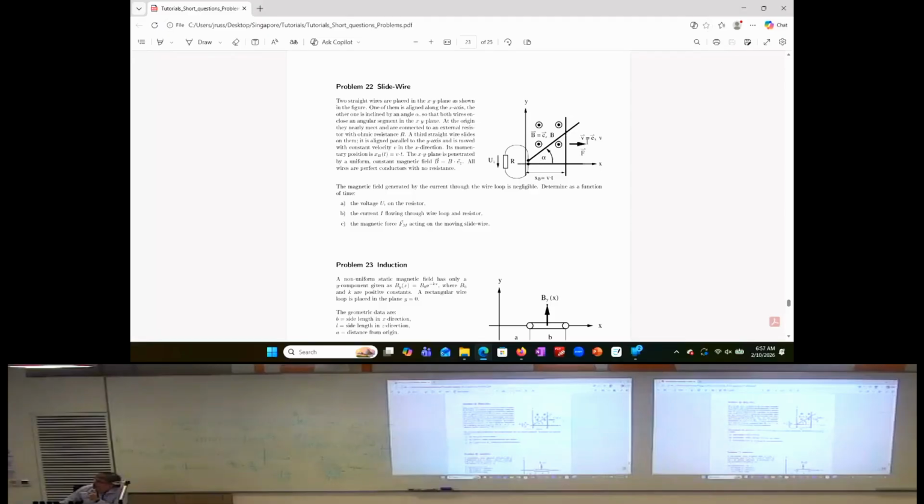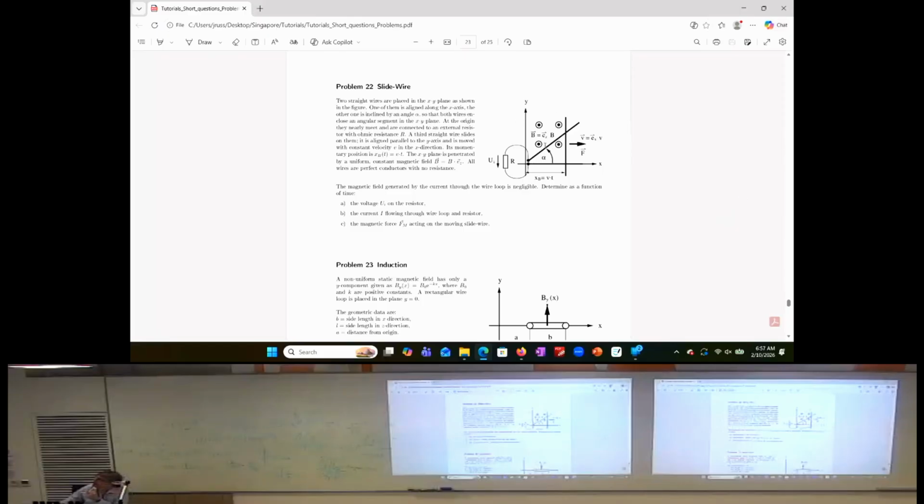And then you have the third wire, like we had today in the example, where we had two parallel wires and they were sliding the third wire in the X direction. Now you have two wires at an angle and you're sliding the third one. And the question is then, what is the voltage induced?